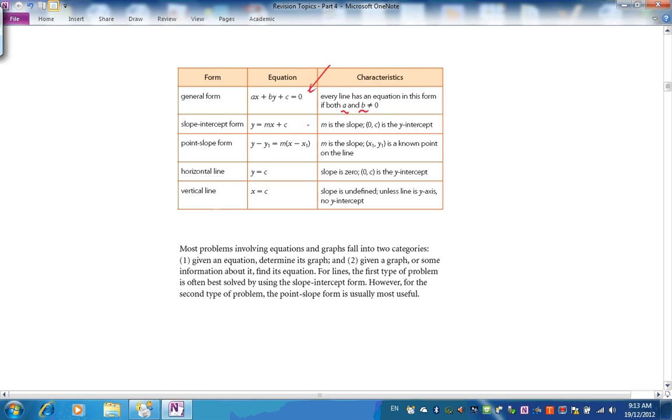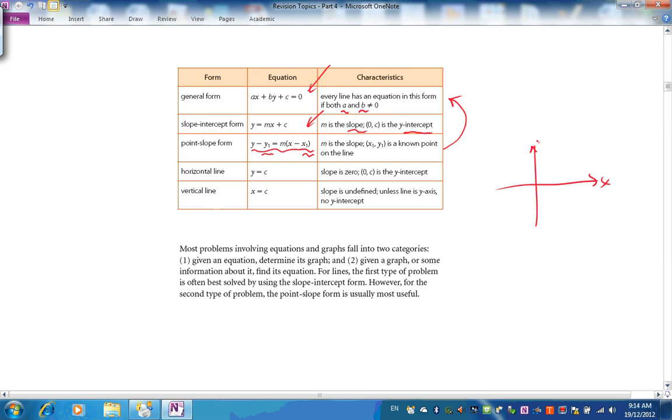Here, the mx plus c form, remembering that m is the slope and c is the y-intercept. Point slope form, yes, quite often used, but generally we expand it and put it back into this form. So here you use a known point on the line, x1 and y1, and then create that particular form of the equation.